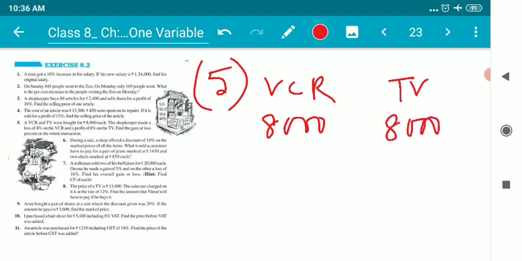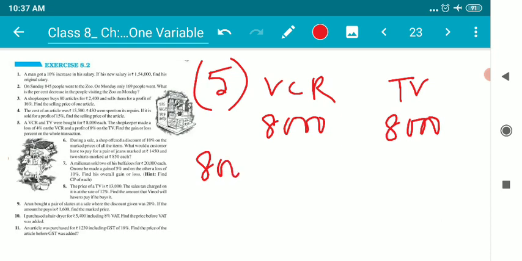Understanding the question is very important. If you don't understand the question, you can never solve such things. The shopkeeper made a loss of 4% on selling the VCR, and made a profit of 8% on selling the TV. So let us find out the selling price of the VCR first.